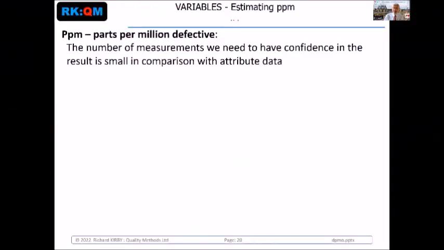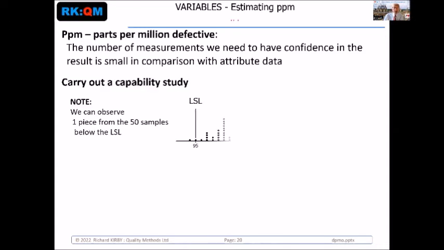To have confidence in the results, the number of measurements we need for variable data is small, at least small in comparison with attribute data. If we carry out a capability study, we may take 50 results.